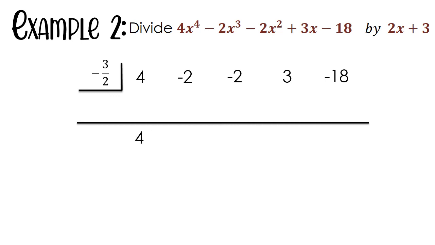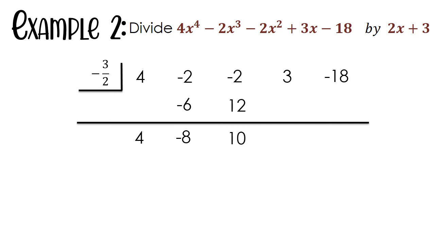Then, multiply. 4 times negative 3 over 2, that is negative 6. Negative 2 plus negative 6 is equal to negative 8. Negative 8 times negative 3 over 2 is positive 12. Negative 2 plus 12 is positive 10.